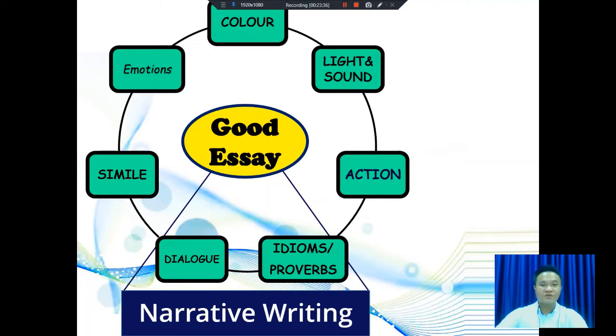So these are the things that you must always be aware of when writing a narrative essay. You must include all of this to make your essay sound lively and real. So include all these things in your narrative essay.